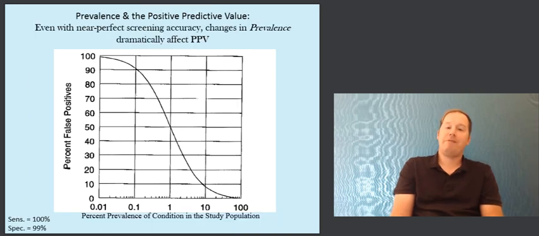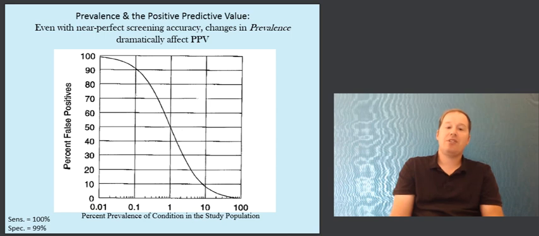And you see this in the final graph of today, where we have on the bottom axis the percent prevalence of the condition in the population, from 0.01%, very low prevalence, on the left-hand side, all the way to nearly 100% prevalence on the right-hand side. On the left-hand vertical axis, we see the percent of false positives in the population when we screen, given the prevalence.